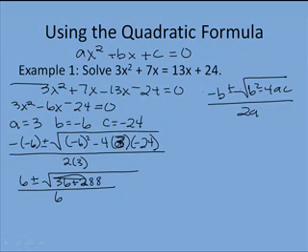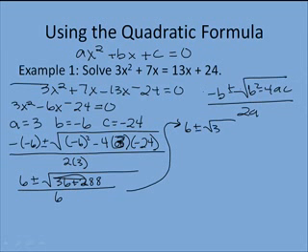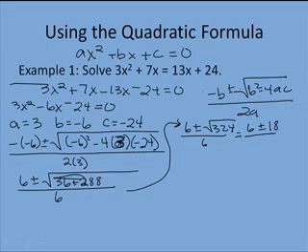And now we can continue up here. We have 6 plus or minus the square root of 324 over 6. The square root of 324 is 18, divided by 6.